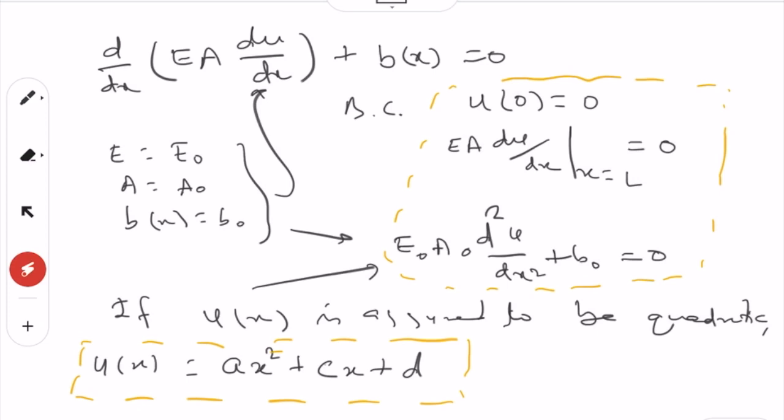So, if you have this differential equation and you assume u to be linear, what happens? There is no double derivative.